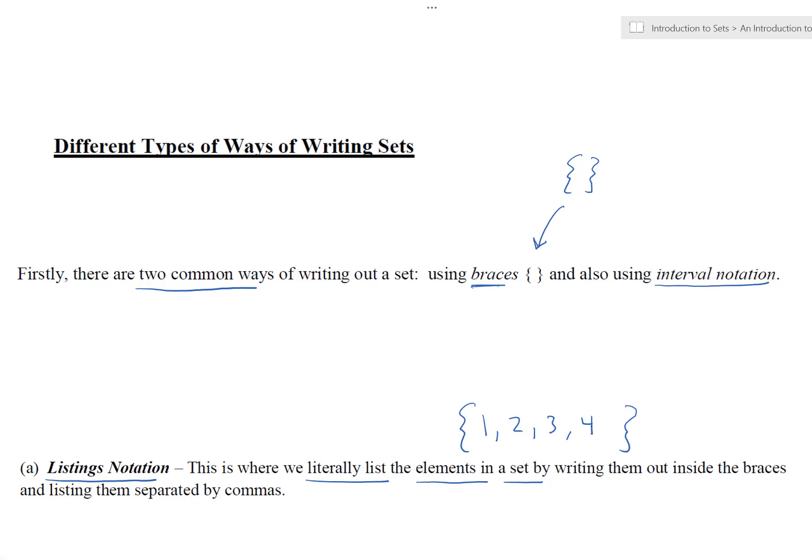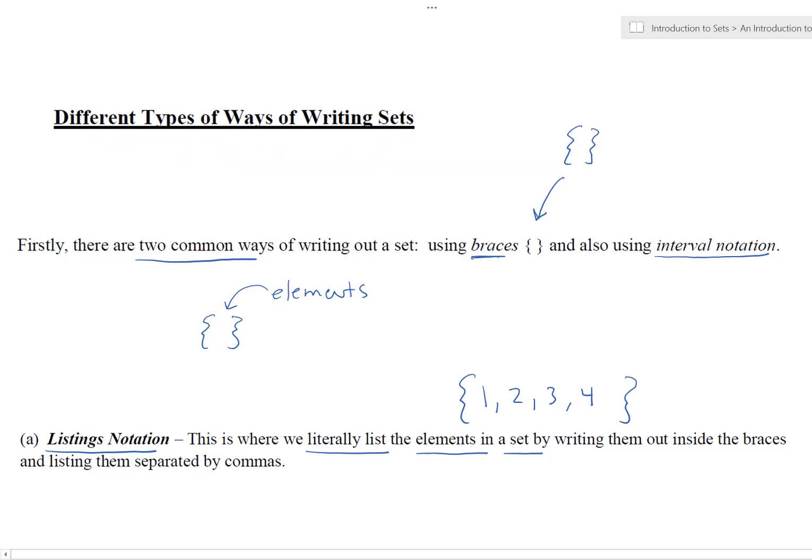Think of your braces like a box. Stuff goes in there, elements go in there, right? Say you had a box full of rocks, box of rocks. You could think of the box itself as the braces symbol, and then all the rocks inside the box as your elements of the set. Just an analogy. So you can list them out.